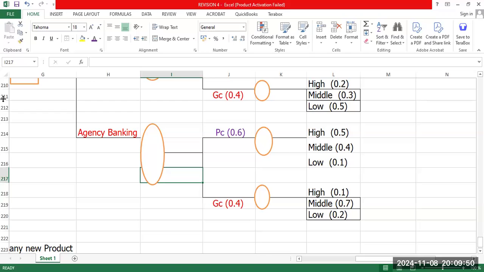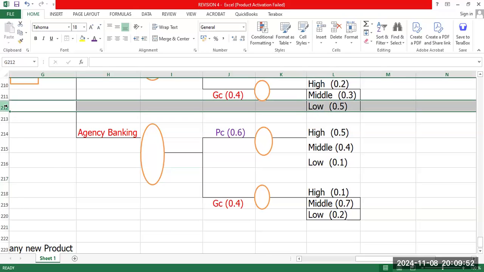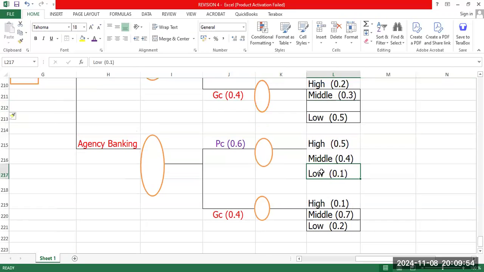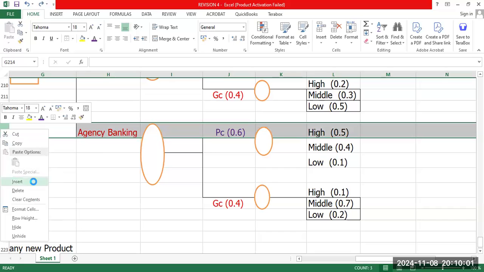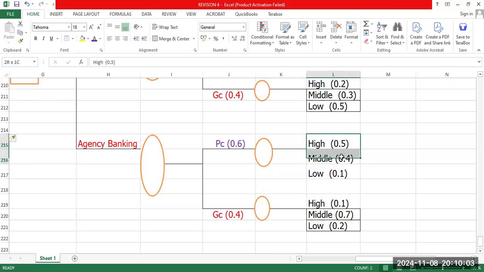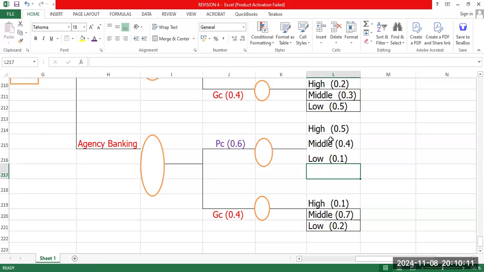Then here, you can just also do like this. I also make sure that all these ones are starting from a circle.